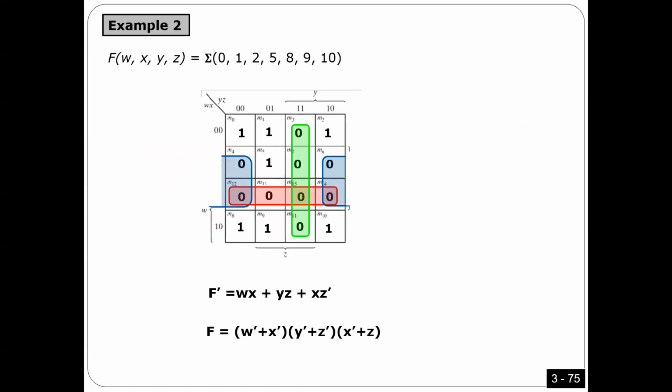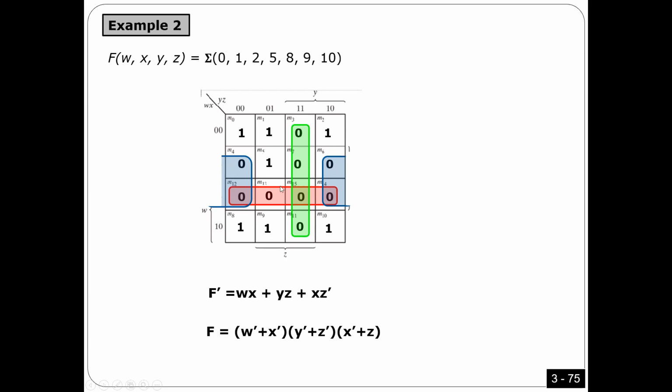Okay, another example. I just give you this function this way. Again, I'm going to work on zeros, not ones. Your group should not have any ones. Very clear, I said it many times. By doing the simplification as I did before, everything is similar, but you just work on zeros.